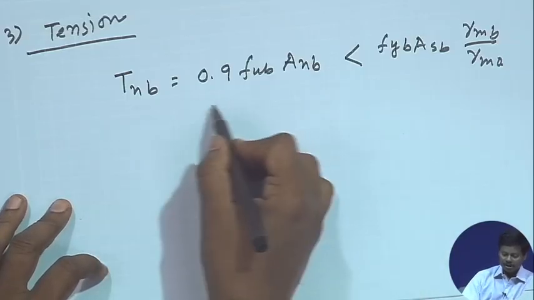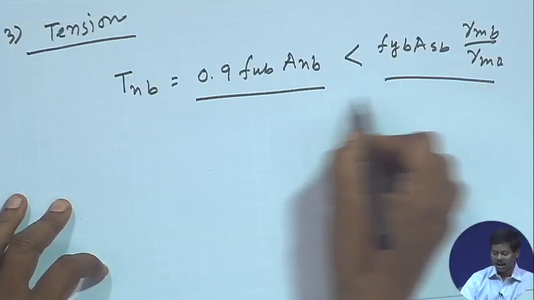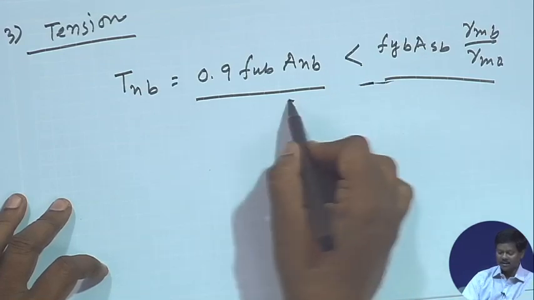So, Tnb we can calculate from this formula.